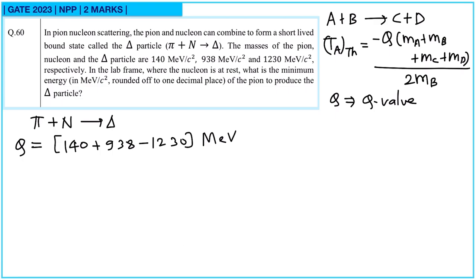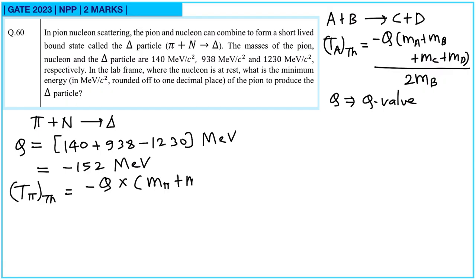So this comes out to be minus 152 mega electron volt. Now the threshold energy of pion will be minus Q times the addition of all these masses, m pi plus mn plus m delta, upon 2 into mn.